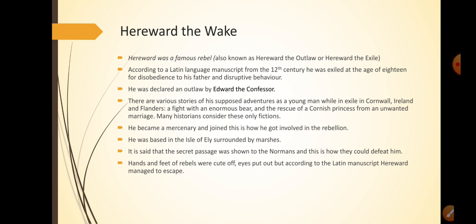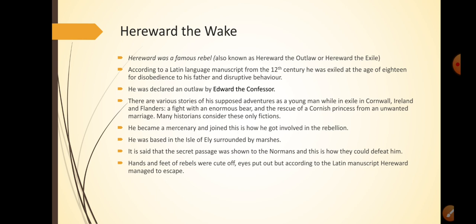Now, there are various stories in this Latin manuscript about him. Apparently, he had a fight with a huge bear. He also rescued a Cornish prince, from Cornwall, an area in England, from an unwanted marriage.